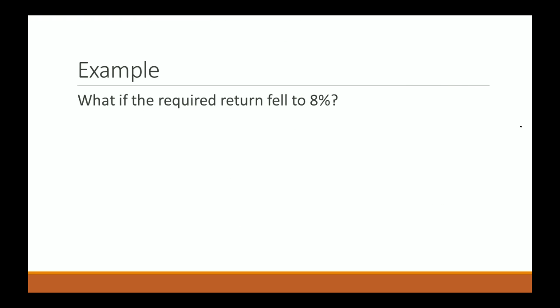Okay, so what if the required return were 8%? So still the same exact problem. We're still looking at a 10-year bond, $1,000 par, 10% annual coupon. But now the current market rate is 8%. Bonds of similar risk are earning 8%.